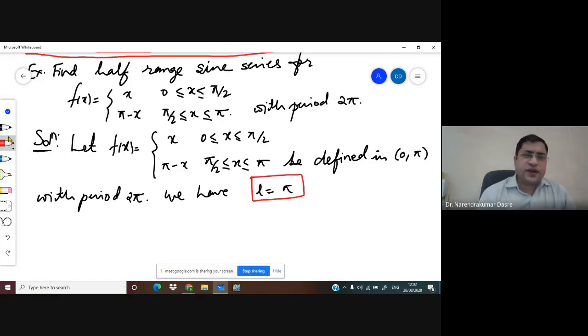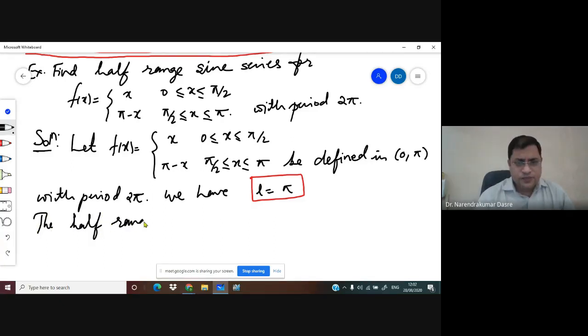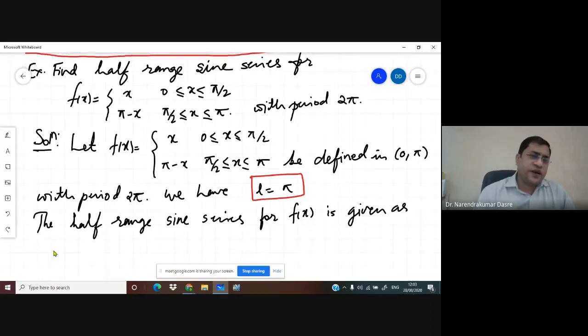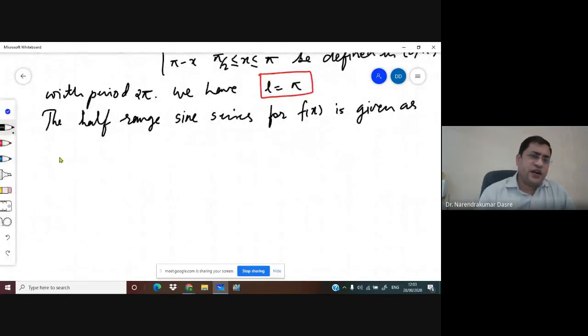Once we have identified that L is equal to pi, now I want to have the half range sine series. The half range sine series for f of x is given as follows. In the half range sine series we have only bn.